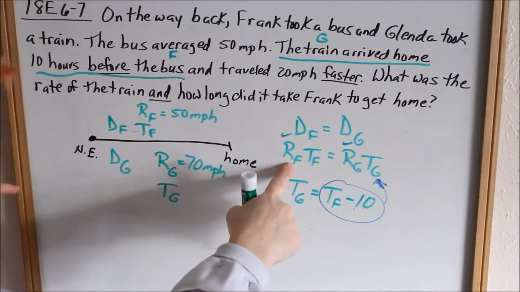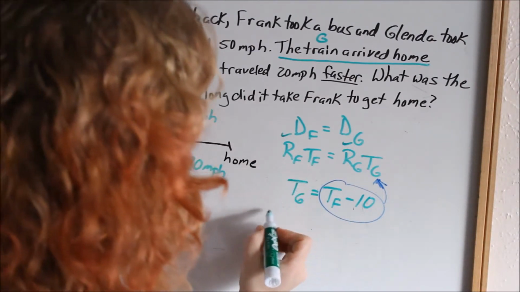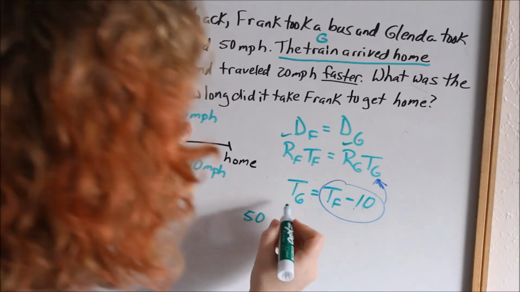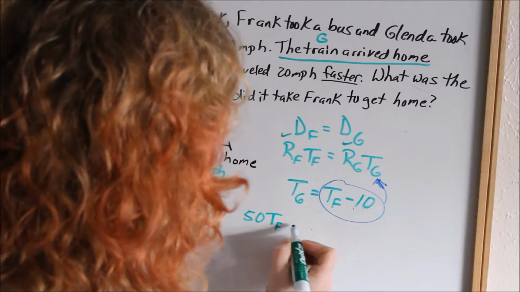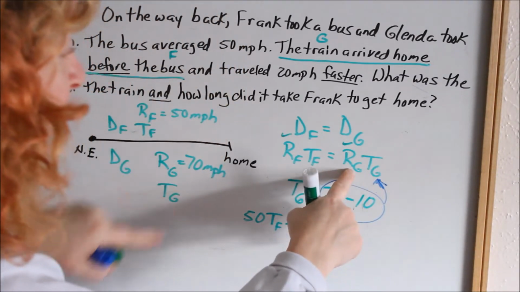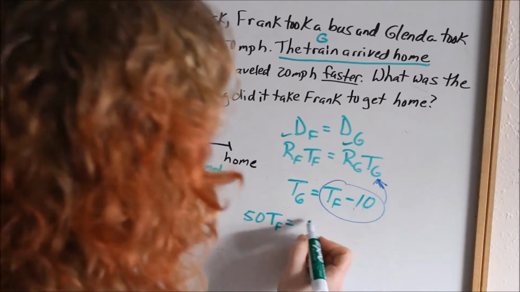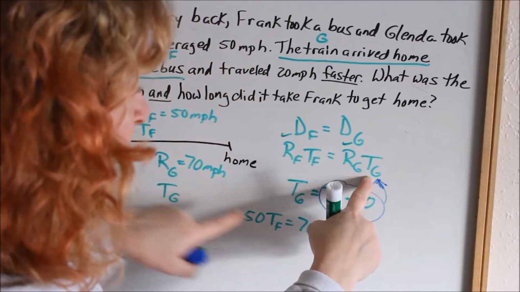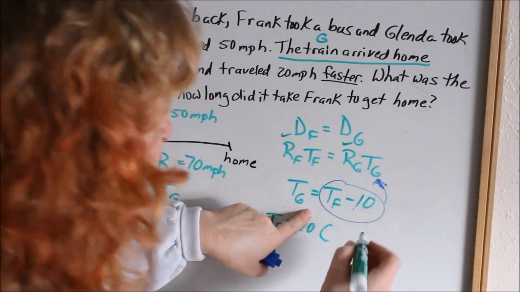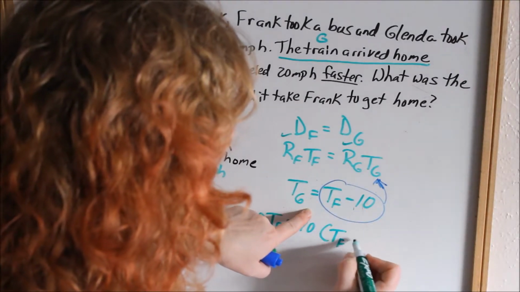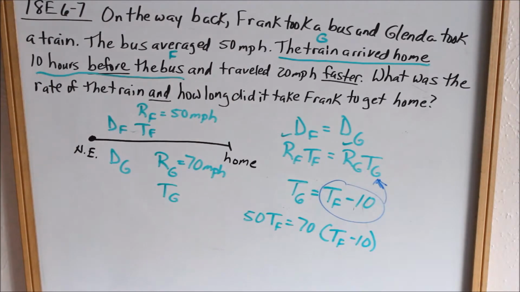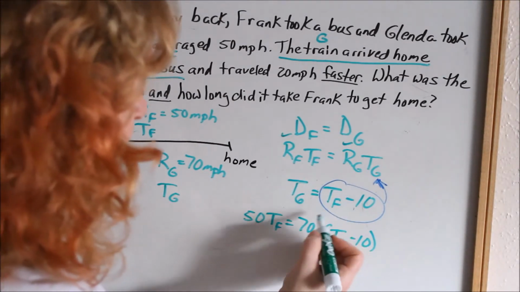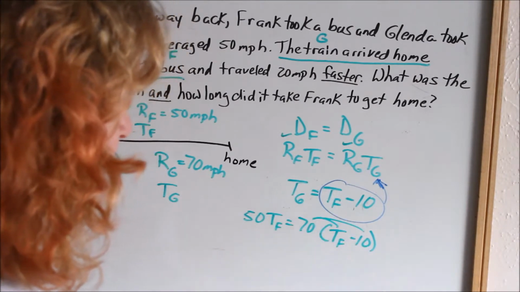Okay? So now I'm going to start putting numbers into all this. We know Frank's rate, which is 50. I'm just going to drop my units for ease of solving the equation. 50 times Frank's time equals, we know Glenda's rate, which is 70, and then instead of writing Glenda's time, we're substituting this whole thing: Frank's time minus 10. Now we have one equation and one unknown. How do we solve this? We have to distribute that 70.